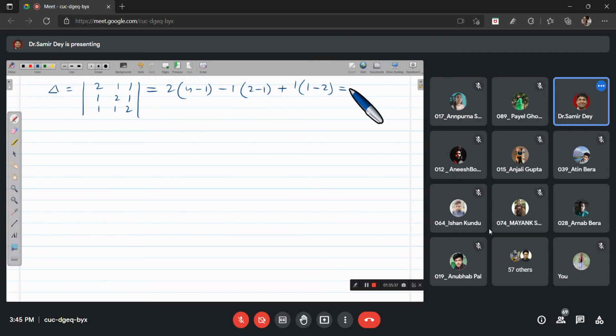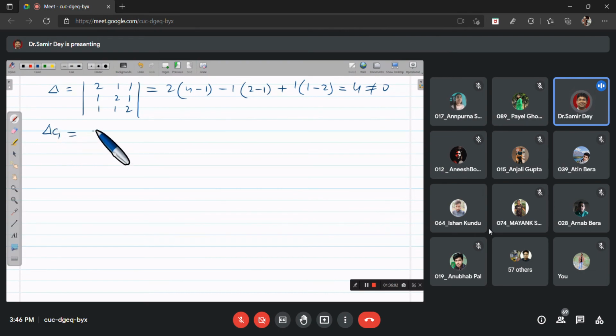Sir, 4. Okay, not equal to 0. If it is not equal to 0, then what kind of solution will we get? If del becomes non-zero, then what kind of solution will we get? Unique solution we will get.